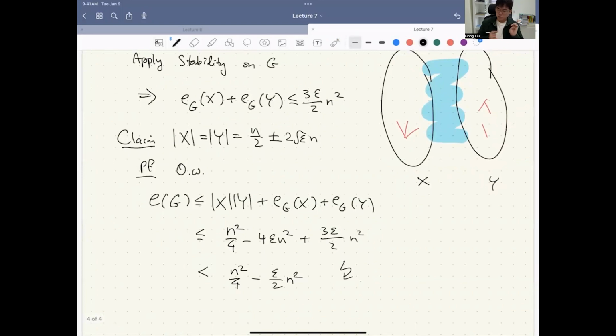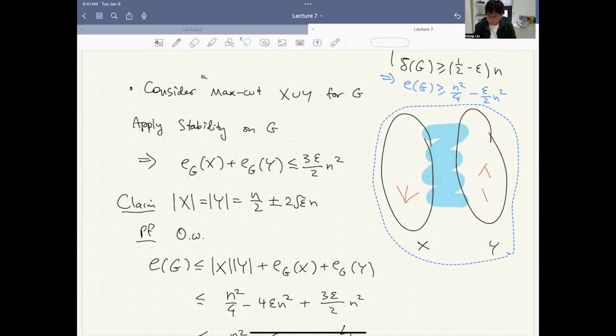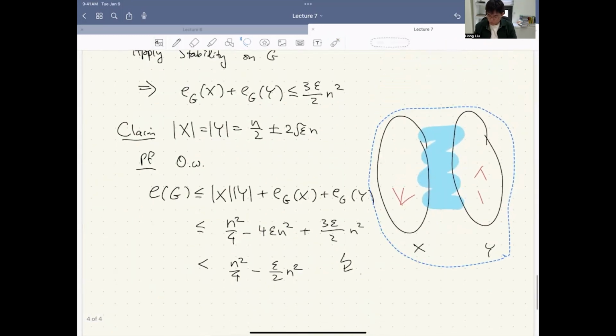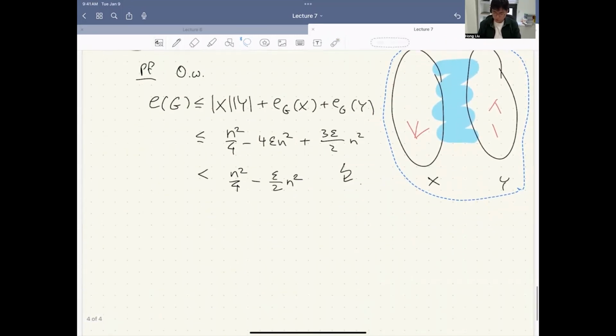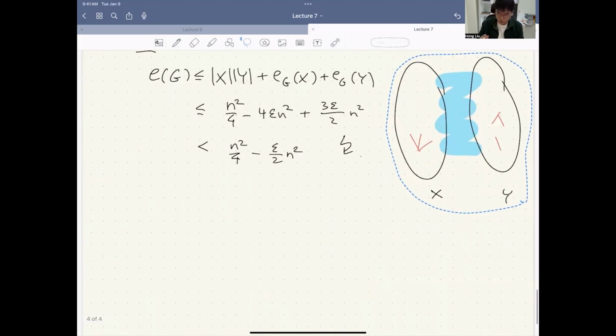Now, next step, we're going to prove that there are no high degree vertices inside. How do we prove that? Well, let's draw some picture to illustrate.